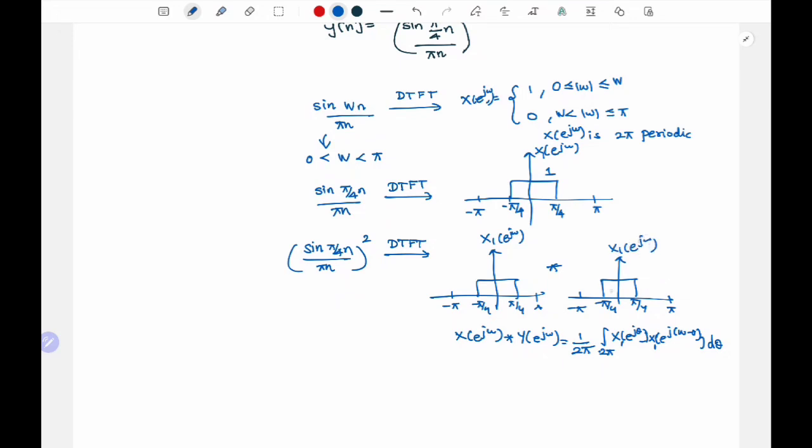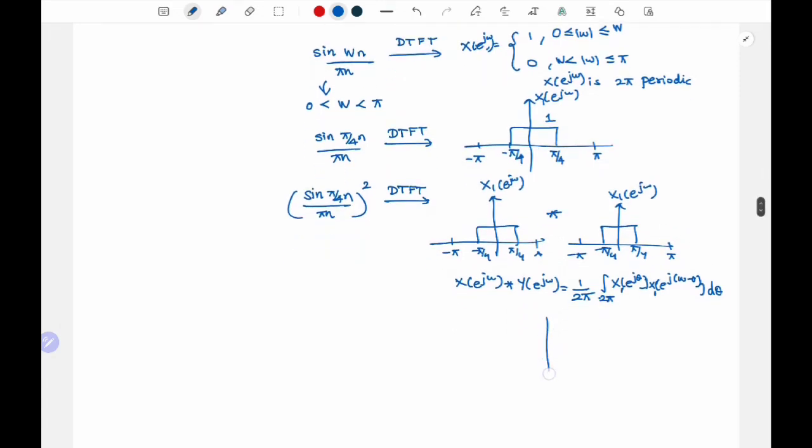You have to flip this, which will again give the same thing, and you have to move it left and right. So we can easily draw it. So minus pi, pi. Once you flip it and try to left shift, they'll start to coincide when your omega is equal to minus pi by 4 plus minus pi by 4. So they'll coincide at minus pi by 2.